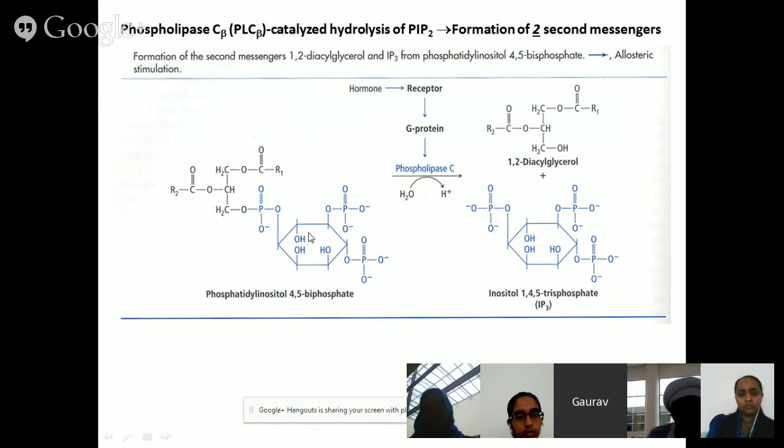You can see in this figure, this is a PIP2 molecule. In the presence of phospholipase C enzyme, it will convert into two parts. One is the DAG molecule and the other is the IP3 molecule. This DAG molecule is hydrophobic in nature, so that's why it is always present on the cell membrane. The IP3 molecule is hydrophilic in nature, so it is always present inside the cell.